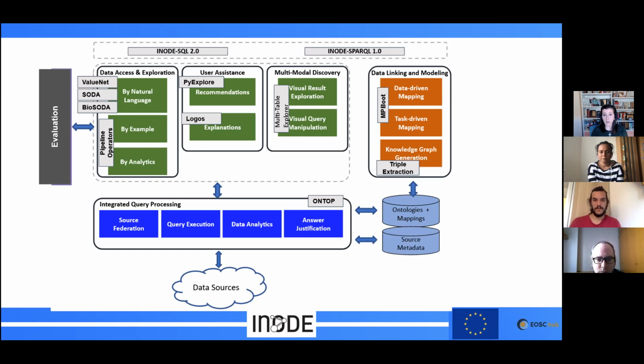All of these sit on top of the blue components for integrated query processing that essentially allow all these components to query different data sources in a meaningful and efficient way, in a transparent way. Last but not least, we have evaluation.